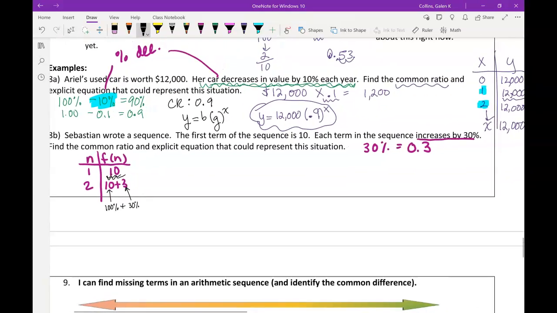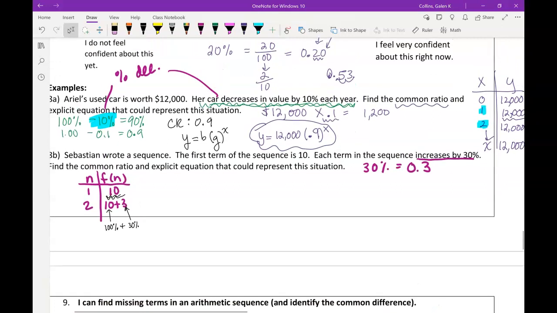Anytime I have percent increase, percent growth, I'm going to add the percent by which I am growing to 100, and that gives me the number that I'll need to use for my common ratio. So if the next term is 30% more than my previous term, that's 130% of the previous term.